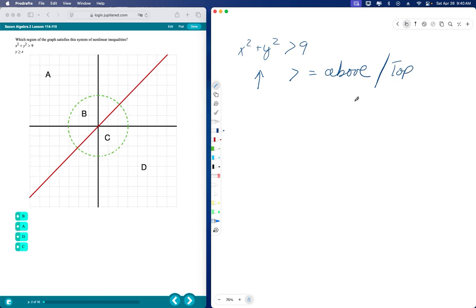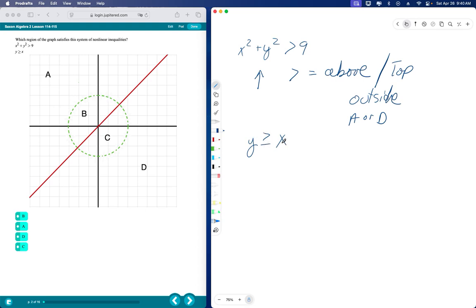So above, top, outside of the circle. So that's going to be outside of the circle, either A or D, right? Because those are outside of the circle. Y is greater than or equal to X. So that means we've got either A or D as our areas because those are the areas on the outside of the circle.